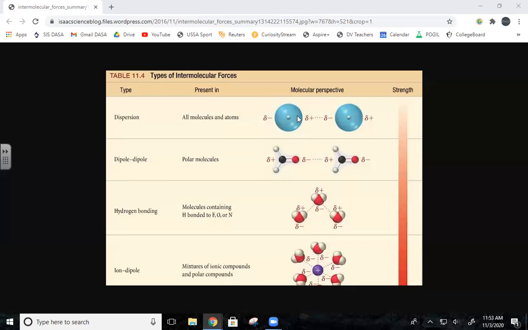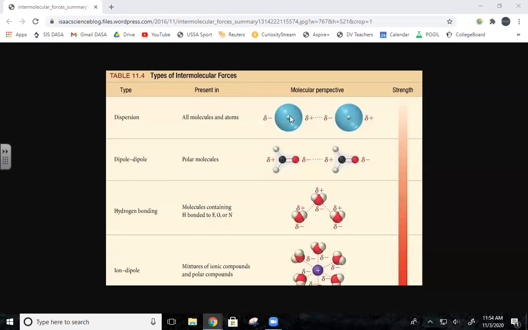Let's say this is a molecular oxygen, with the electrons going around the outside, and then you have another molecular oxygen.